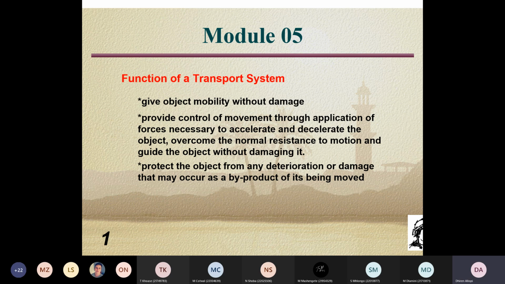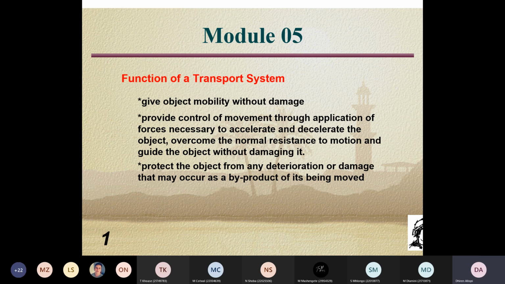Okay, so we are now at module 5. You will see there's maybe some overlap with module 4, 1 or 2 of the slides. So we spoke about the function of a transport system, giving mobility to the object without damage. We did highlight the aspect of providing control, so application of forces to accelerate or decelerate.